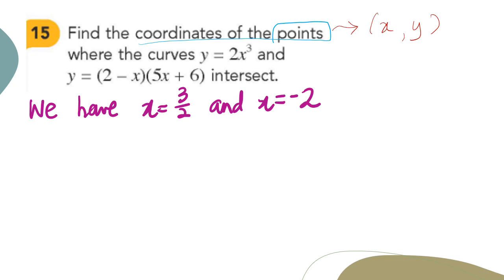Now, these two intersection points lie on the cubic curve. They also lie on the quadratic curve. So it's easier that I substitute into your cubic curve to find your y coordinate. So I'm going to sub x equals to 3 over 2 into y equals to 2x cubed.